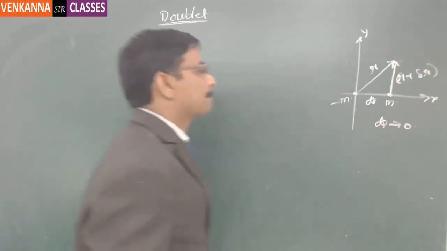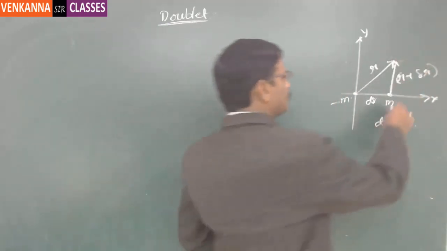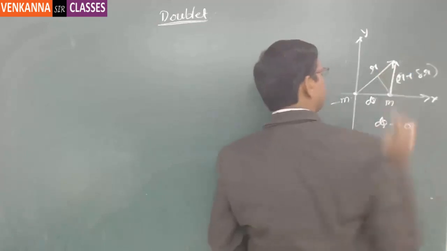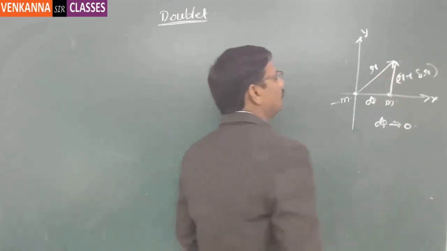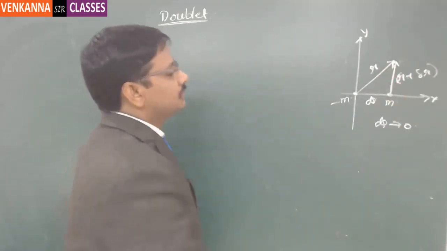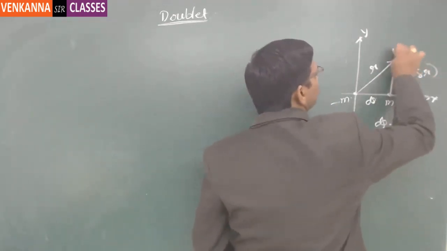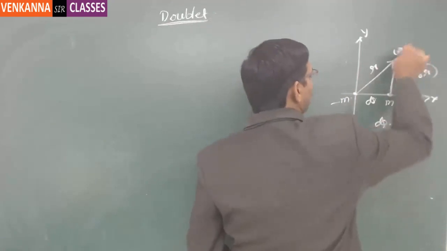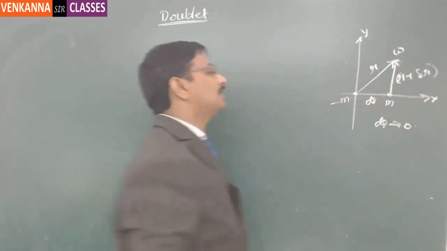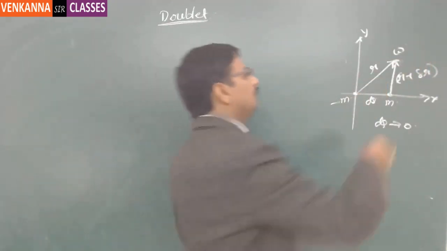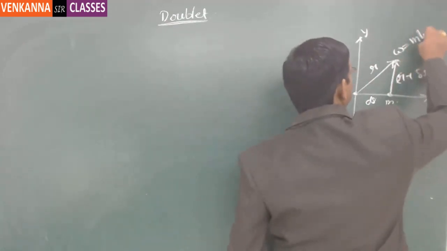Now here, the projection, so this is ds and this is r plus delta r, and then the complex potential W at this point, because of this sink of strength minus m, will be m log z.